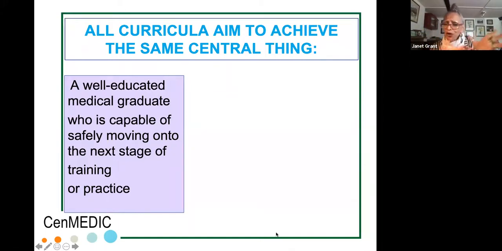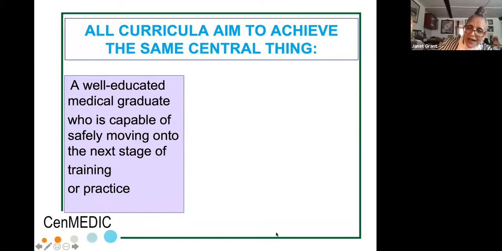People sometimes look at a medical school curriculum and ask whether patient safety in 10 years' time will be affected by it. The answer is no, it won't. Medical school curricula can really only influence things for the next stage. If you prepare people to move on to the next stage safely, you have done your job.